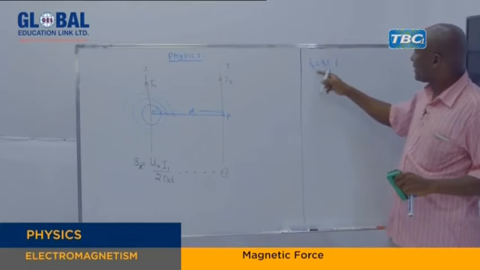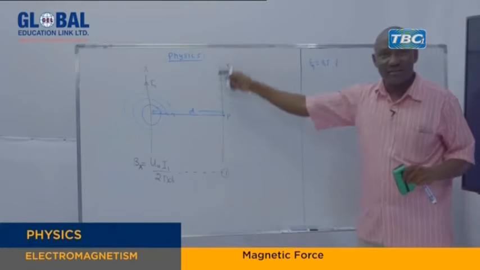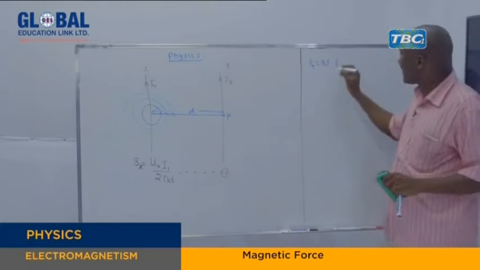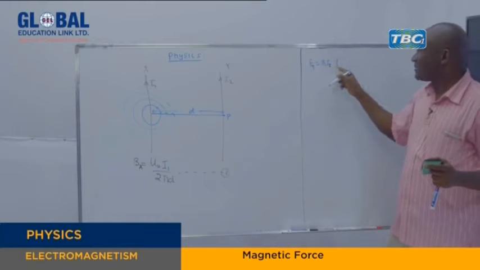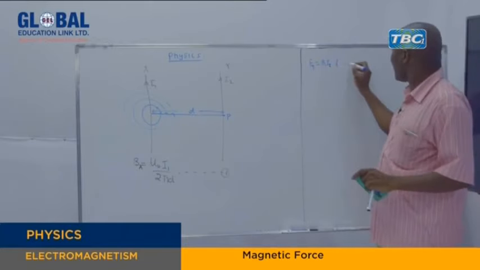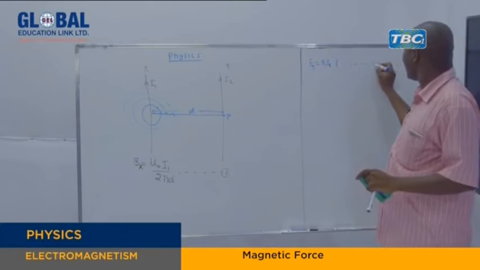We are looking for the magnetic force on a straight wire. This is our wire Y, so this will be our current 2, because we are talking about the magnetic force which will be experienced by wire Y. This is current 2, and this is the length of the wire. If it's a long wire, we talk of the force per unit length. If this length is known, we talk of B I times length. So this is our equation number 2.